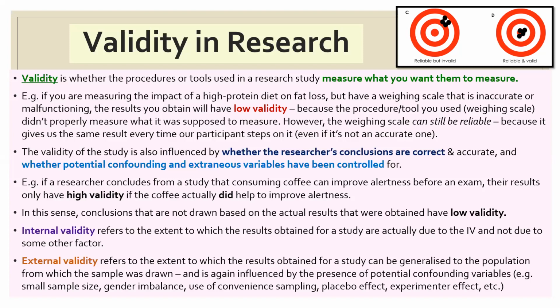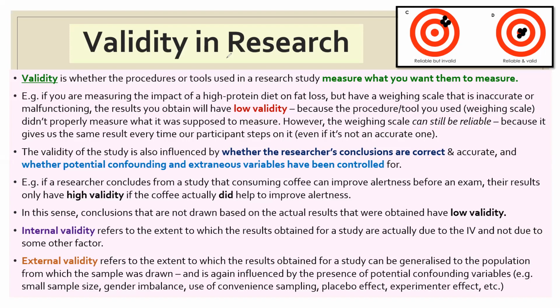So when we're talking about a study, there's been a lot of discussion about the whole keto diet and eating high protein, high fat in terms of fat loss. If we're measuring the impact of high protein diets on fat loss, but we have a weighing scale that is inaccurate or malfunctioning or shows a different number of kilos than what you actually are, then we will say that the results we get from that study will have low validity.